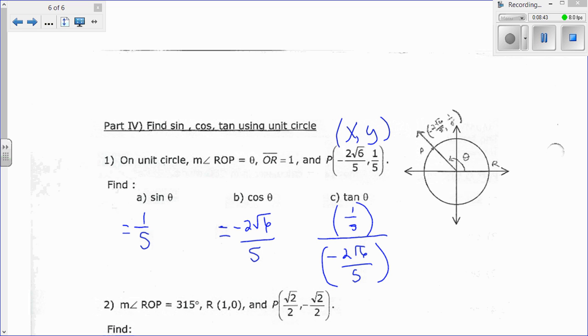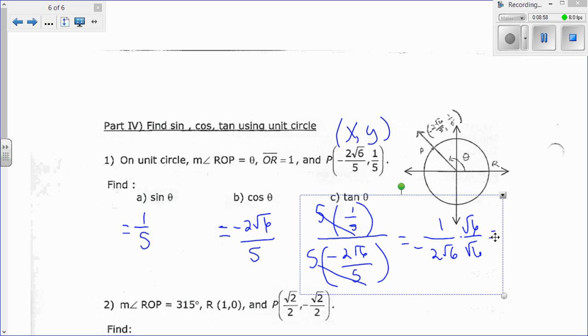So multiply by the denominator, which is 5. The 5s cancel out, so you're left with 1 over negative 2 radical 6. But we can't have a radical in the denominator, so we have to rationalize. So we get negative radical 6 over 2 times 6, which is 12.